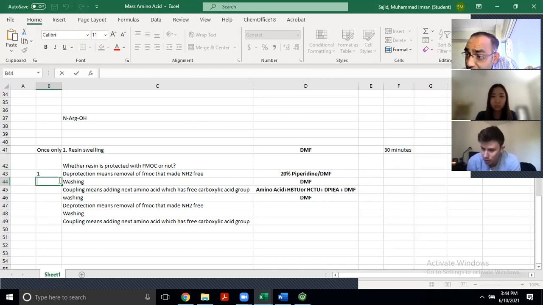So what is the first step in the peptide synthesis? We swell the resin for 30 minutes in DMF. First step is finding a reaction vessel. Find the reaction vessel and then find the resin. After finding the reaction vessel, what will you do?